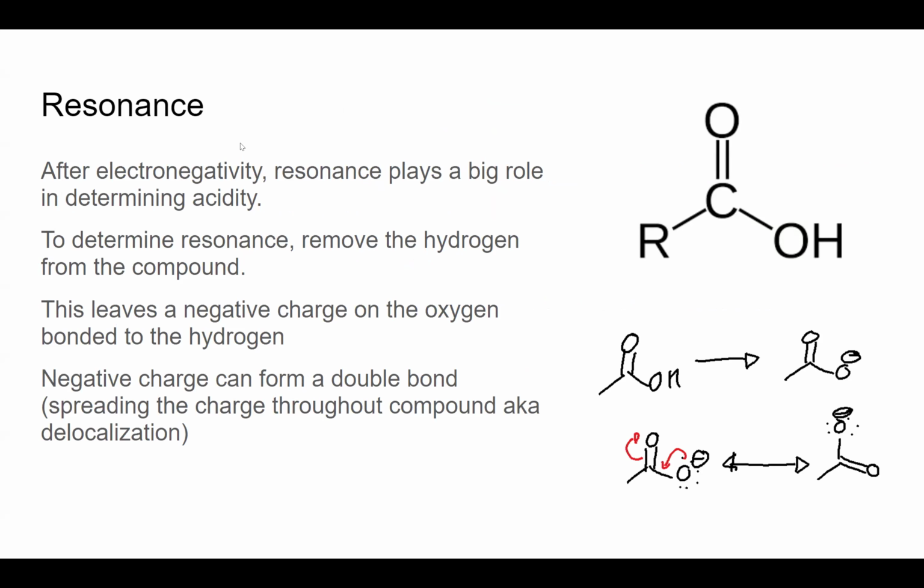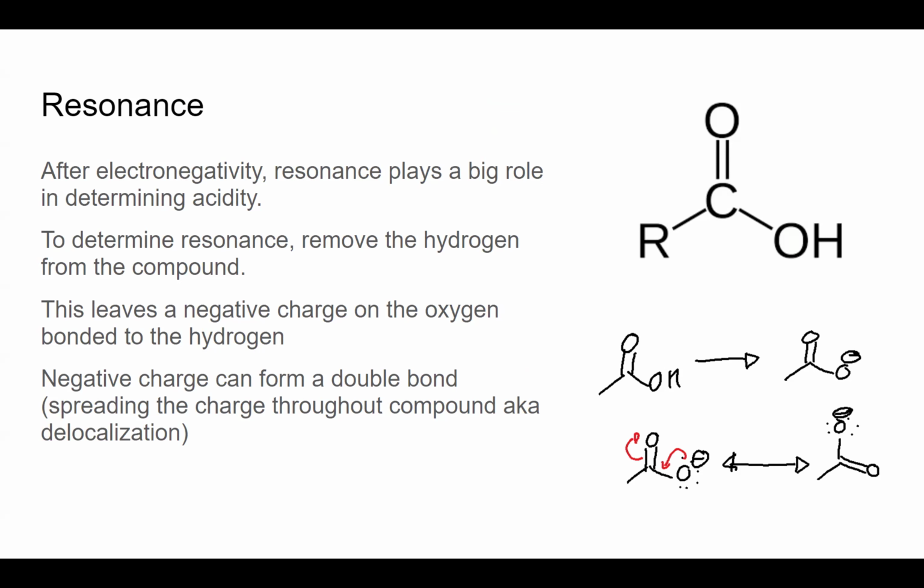Resonance. After atom is R. To determine resonance, we'll take this example here, carboxylic acid, and remove the hydrogen. When you remove the hydrogen, the oxygen is going to have 3 lone pairs, right? Therefore, there's going to be a negative on that oxygen right there.